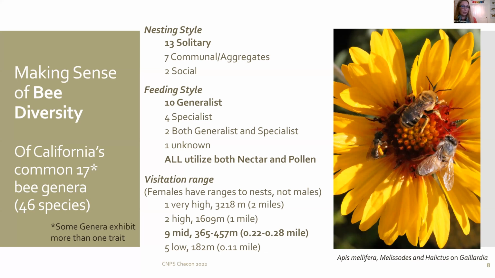Other moderately long traveling ones, Xylocopa and Bombus, bumblebees, can go about a mile max from their nests. And most everybody else is in these, you know, half a mile, a quarter of a mile sort of ranges. So it's not so much.